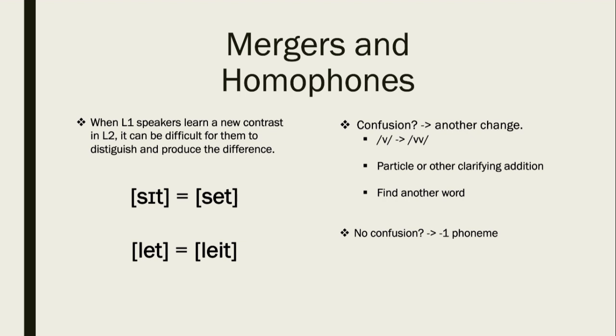If there is no confusion between these two homophones, perhaps because they always appear in completely separate contexts, so that it would be impossible for them to ever be truly confused, it is possible that the difference between these two phonemes could be lost completely, and thus multiple phonemes would fall into one category.